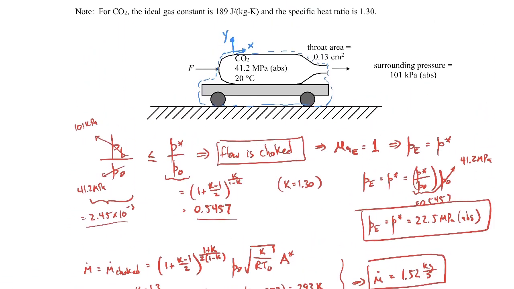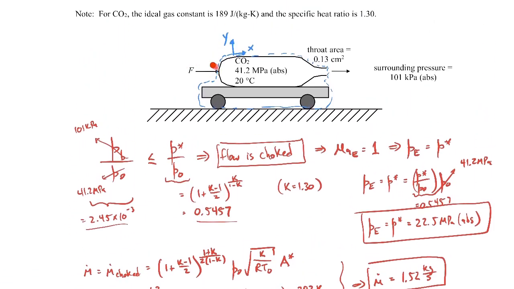If we come back up here, we see our surface force F applied there. Everywhere else around here is at the surrounding back pressure of 101 kilopascals, right? It's 101 kilopascals everywhere here, including the exit, because we found, oops, I'm sorry, I made a mistake there. We do have a pressure force now that I look at it. We said that at the exit we have sonic conditions.